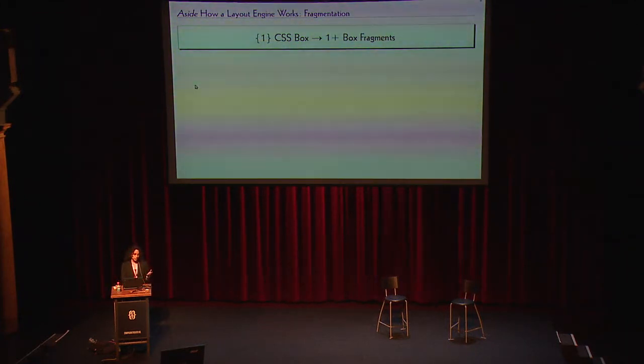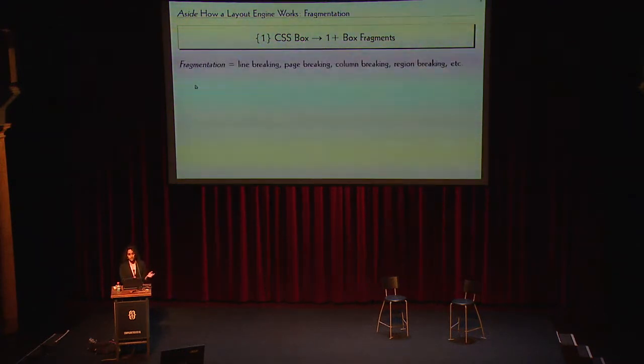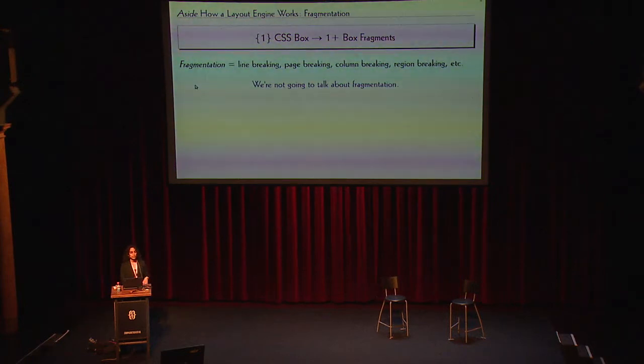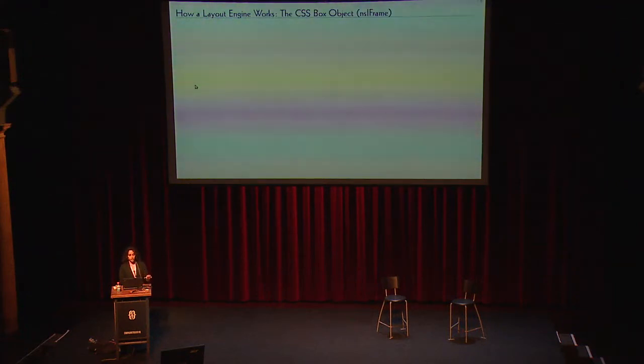And so you will have at least 1 fragment, but you might have more if you're breaking. But we're not going to talk about fragmentation. This actually doesn't happen during box construction. It happens during layout because it depends on layout, and it's not about the relationship of the boxes as it is about the relationship of stuff in the boxes. But just so you know, that's what a fragment is if it comes up when you're reading a spec.